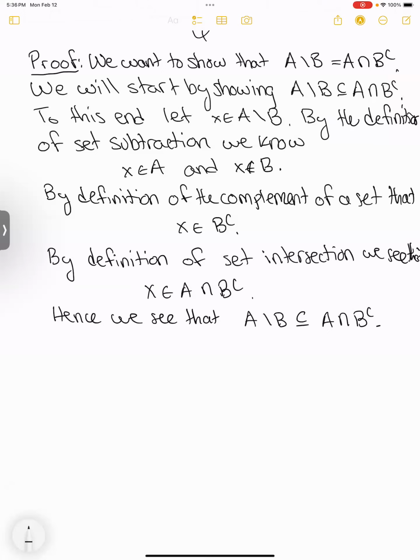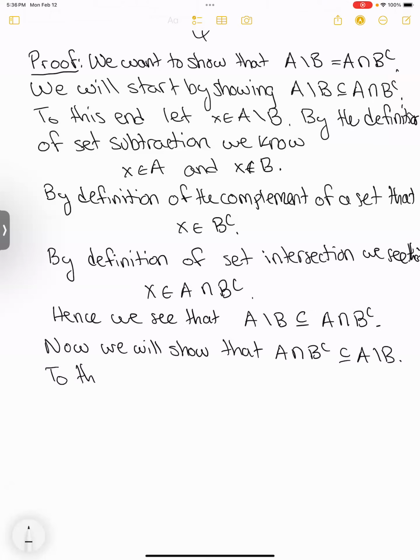Okay? So now we will show that A intersect B complement is a subset of A set minus B. Okay, so to this end, let x be in A intersect B complement.